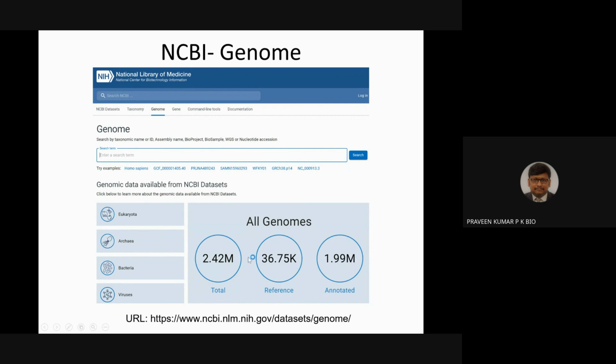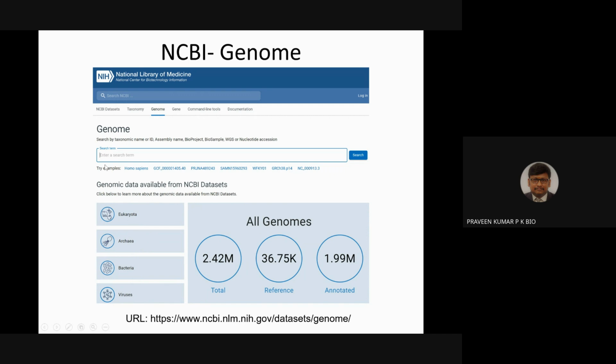You can find these species majorly in eukaryotes, archaea, bacteria, and viruses, whatever genomes they have discovered in this taxonomy. If you go to eukaryotes, you can find our human genome information.